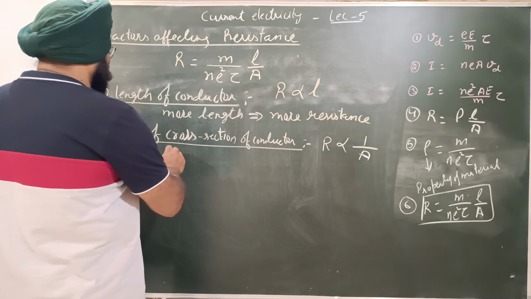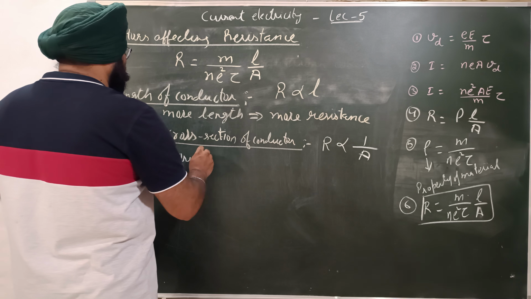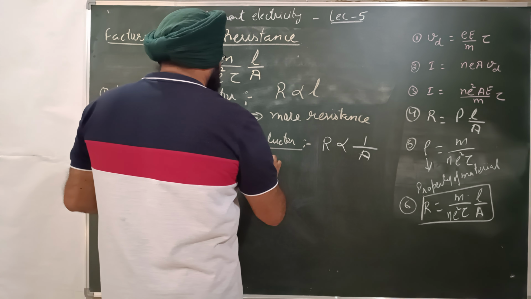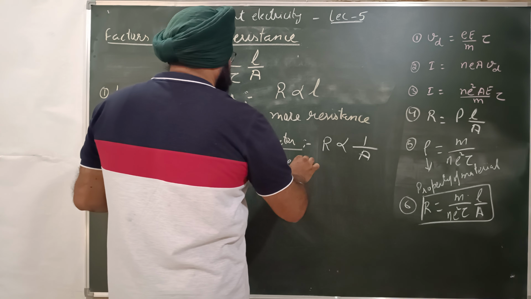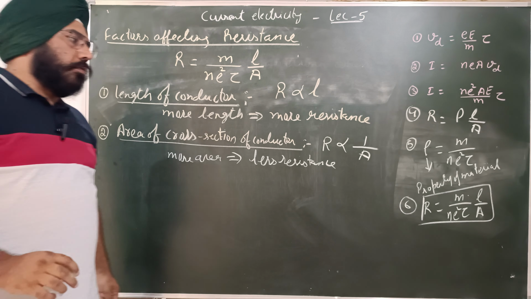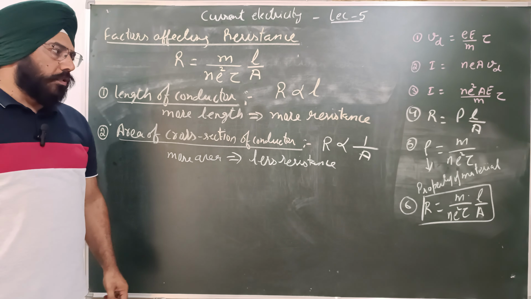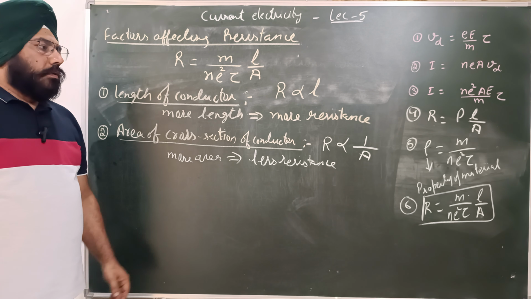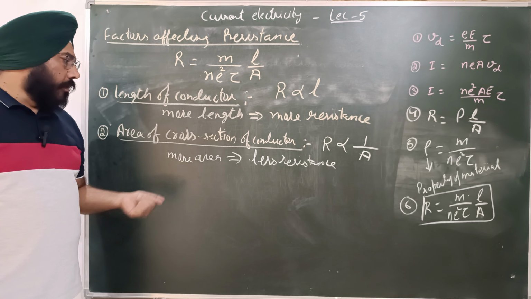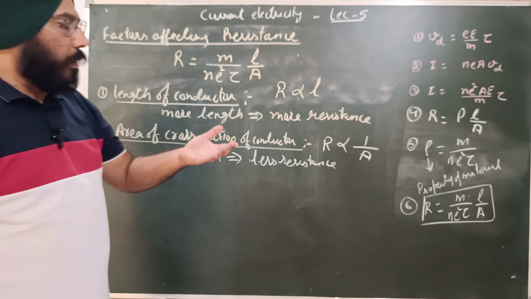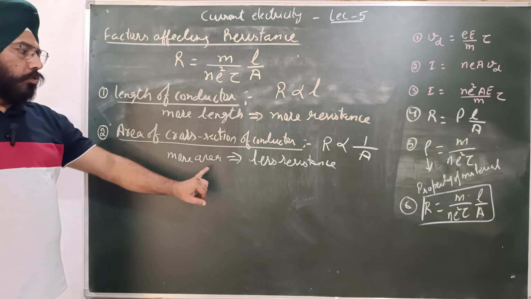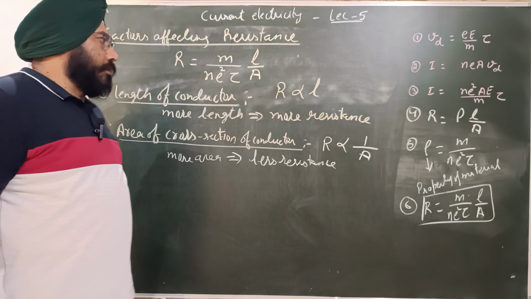So more area implies less resistance. Resistance is the obstruction offered to the flow of current, and due to the collisions this resistance is there. When the cross section is larger, there will be fewer collisions, or the charges can pass easily from one end of the conductor to the other. Therefore, more area, less resistance.